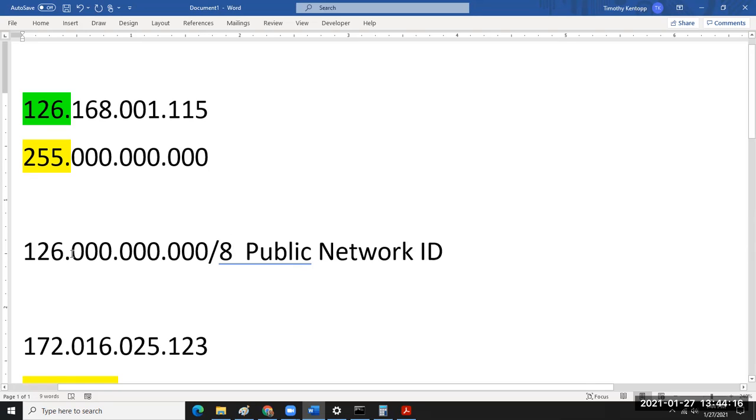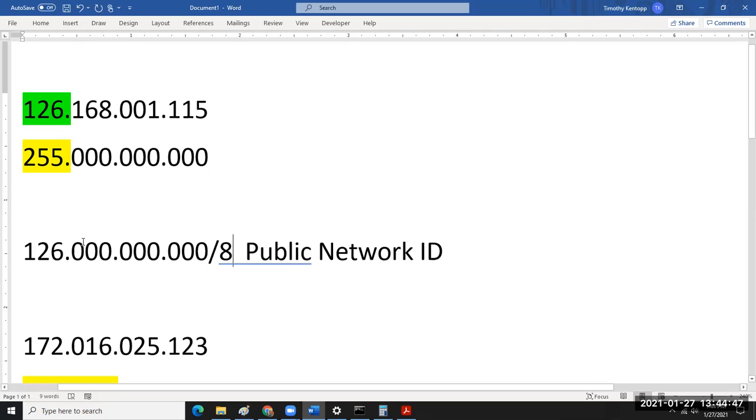So this is a 126.0.0.0/8 public network ID. If I'm connected to the US Army network, it's going to have millions of clients and systems. Because the subnet mask is so small and there's lots of room for users, it can support millions of users simultaneously. And it's only one network.